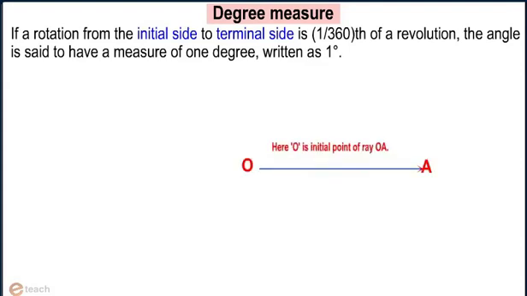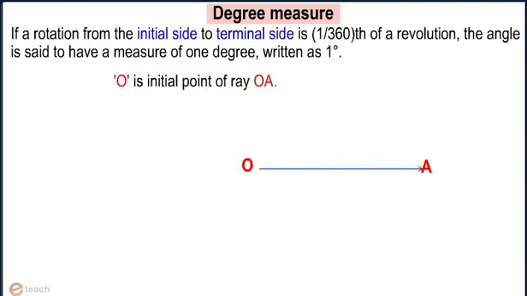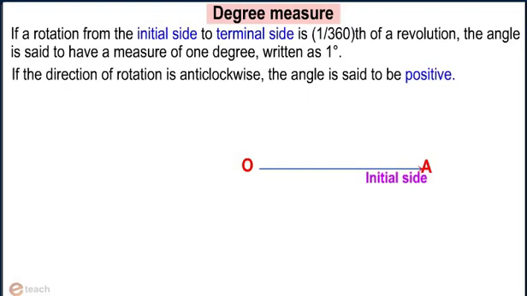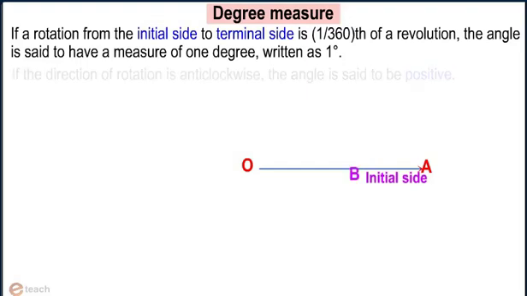Here, O is the initial point of ray OA. Ray OA is the initial side. If the direction of rotation is anti-clockwise, the angle is said to be positive.